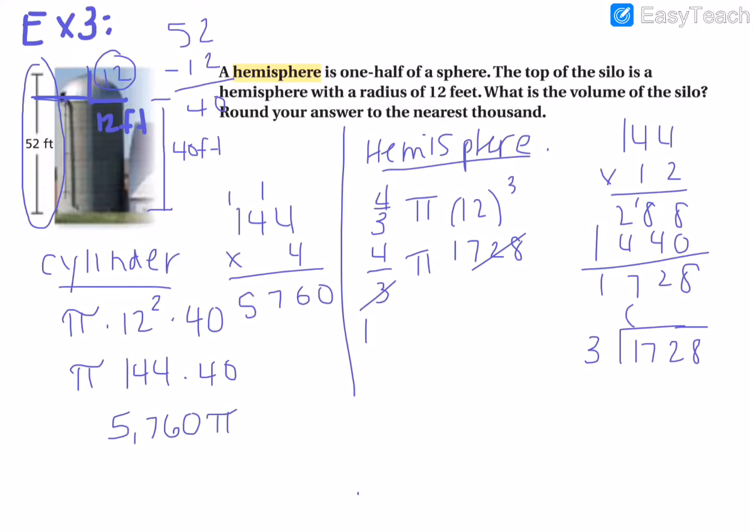Again, that trick of divisibility rules. Oops. That's not right. Alright, so 576 is what that reduces to. So now I have 576 here, and I have to still multiply by the numerator of 4.